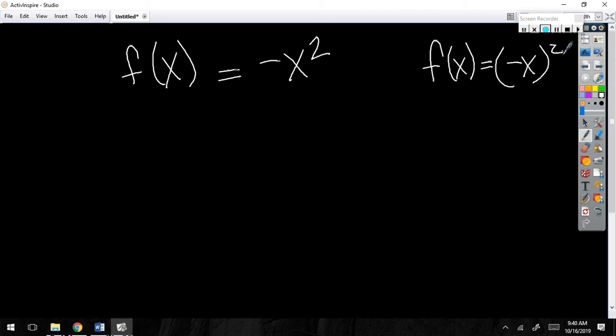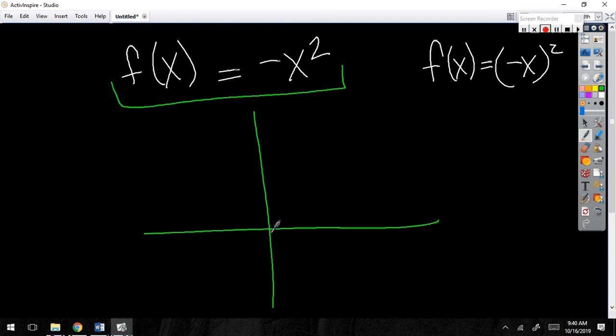Okay, do you see the difference in the 2? The first one's really the one I'm going to focus on, and you'll see why in just a second. But here, what type of reflection is that? It is going down, Cameron, that's correct. But it's reflected over which axis? It's going down, so it's reflected over the x-axis.